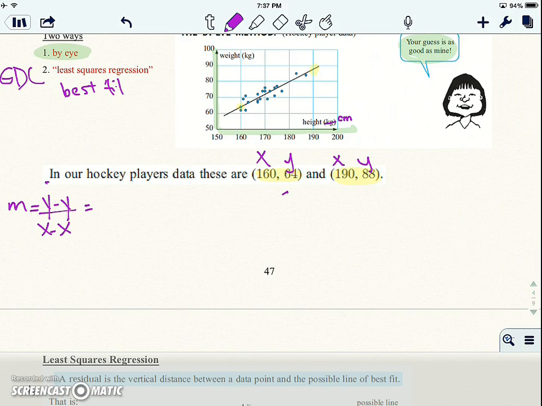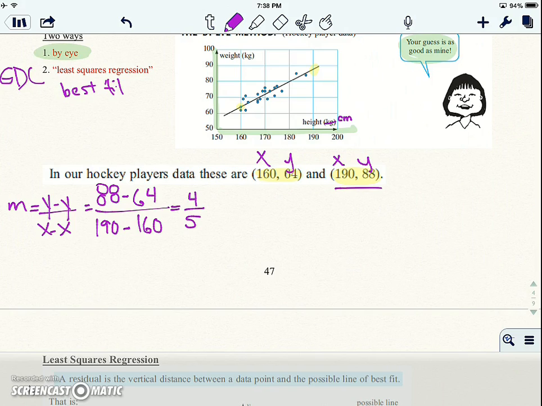I am going to go ahead and do the 190 first though. I have 88 minus 64, y minus y, over 190 minus 160, and that gives me a slope of 4 over 5. So for every 4 units up, it goes 5 units to the right.